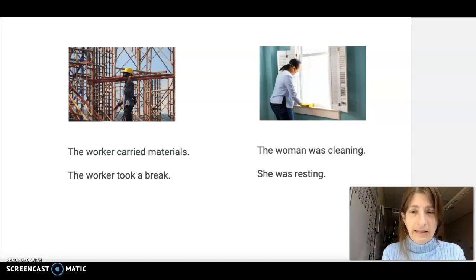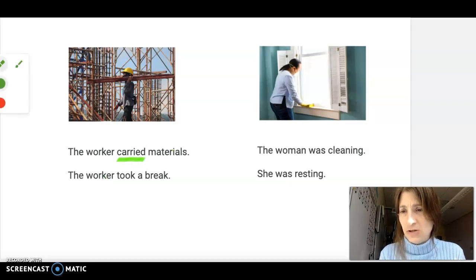I could try it like this. I'm going to look at how many verbs I have. I just have one. What did they do? They carried the materials.